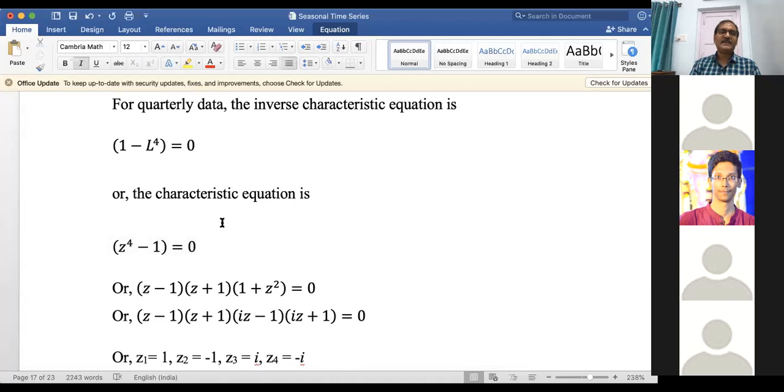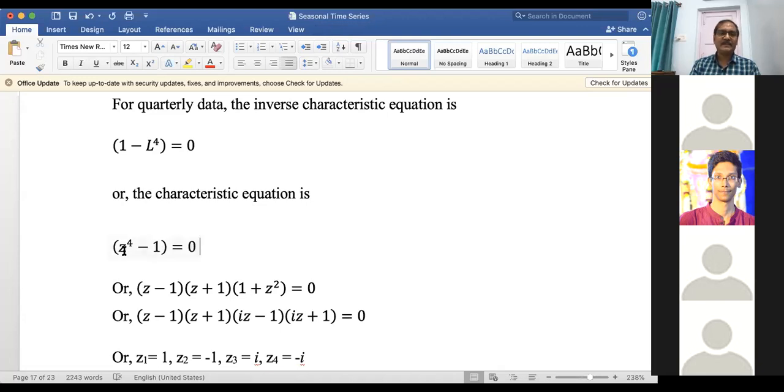So what is Z? Z is equal to 1 by L. Now at this moment, try to compare the expression with AR1 in an annual time series. For an annual time series, the characteristic equation for AR1 was simply Z minus 1 equal to 0, and in that case we have the solution Z equal to 1.